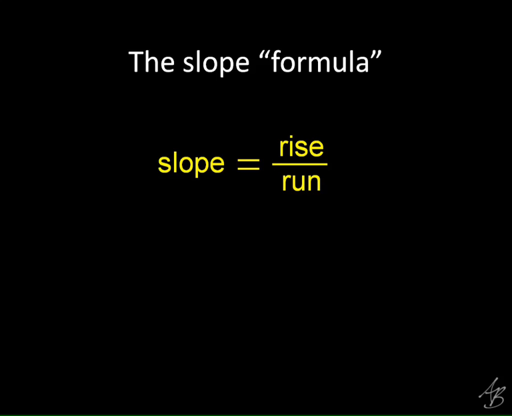Go ahead and write that down. And then I'm going to have you make a little note next to those. The rise is moving up or down. And the run, we said, is horizontal movement, so that's moving left or right.